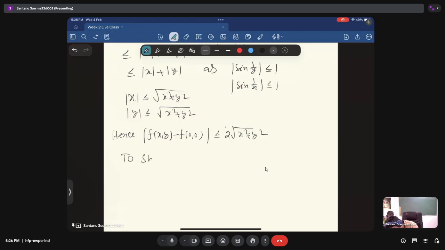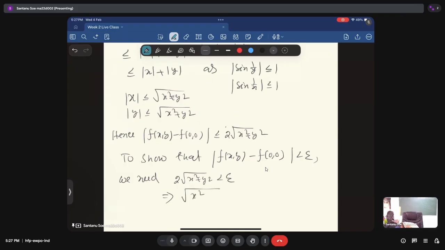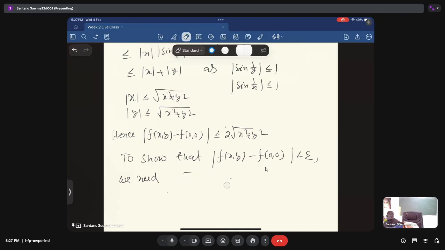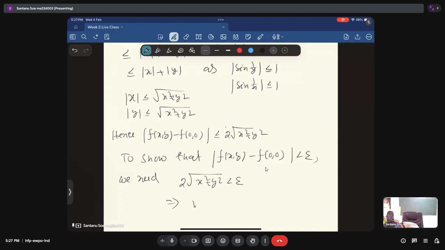To show that |f(x,y) - f(0,0)| is less than epsilon, we need 2 times sqrt(x^2 + y^2) less than epsilon. Okay, let me write correctly: 2 times sqrt(x^2 + y^2) less than epsilon, and this will imply sqrt(x^2 + y^2) less than epsilon by 2.